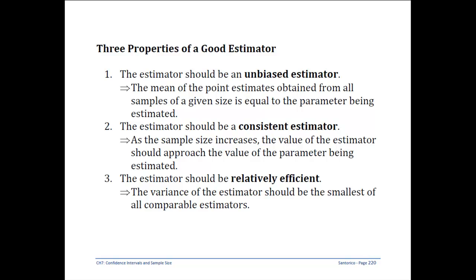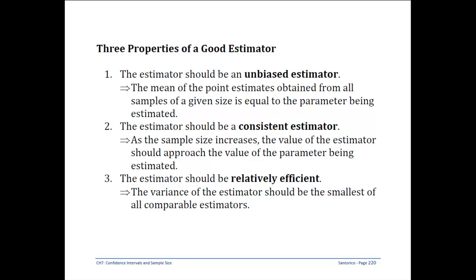So, good properties of an estimator, things we tend to look for. It should be unbiased. What that means is that when you look at your sampling distribution and take the mean over all possible estimates that you can get, it comes back to what you're estimating.